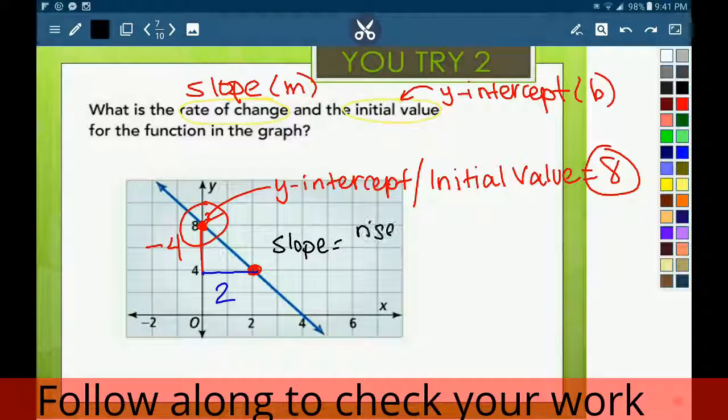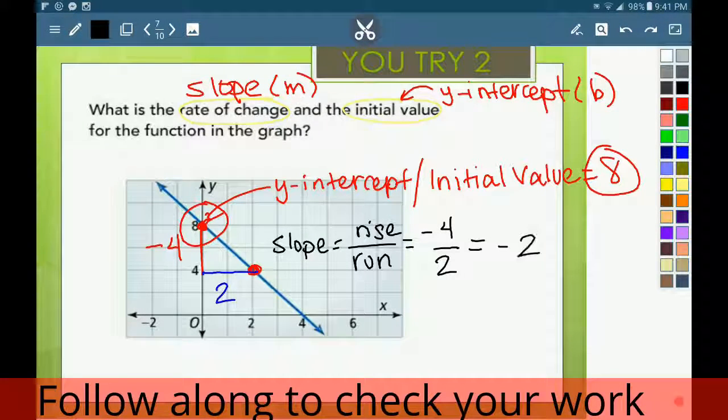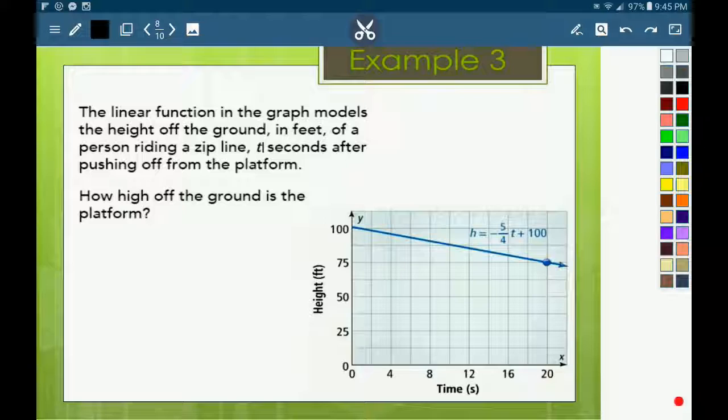All right, so I've got one more example for you guys. It says the linear function in the graph models the height above the ground in feet of a person riding a zip line, t seconds after pushing off from the platform. How high off the ground is the platform? So let's think about this. The height is on the y-axis.